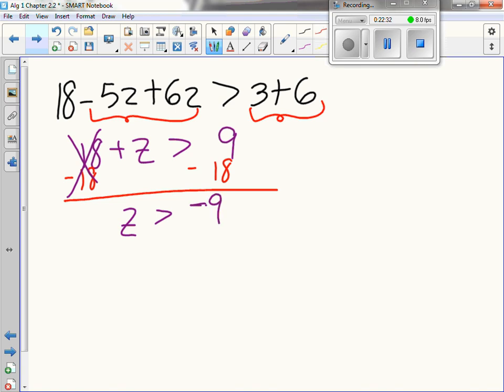And it would be negative, because 18 is bigger, yes? 9 minus 18 would give us negative 9. So is z greater than it or less than it? Greater, so we would shade on the right side. And that's it. That's all we have to do for this here.